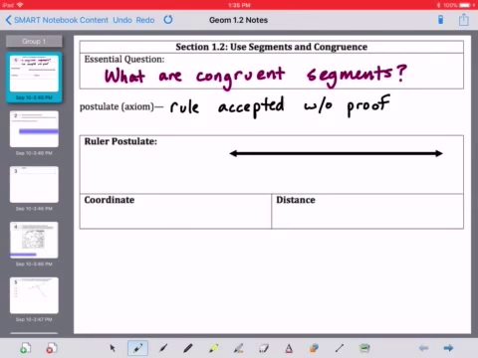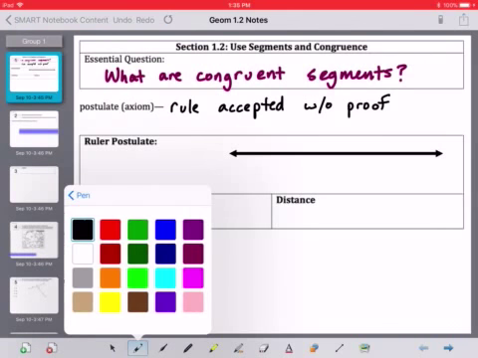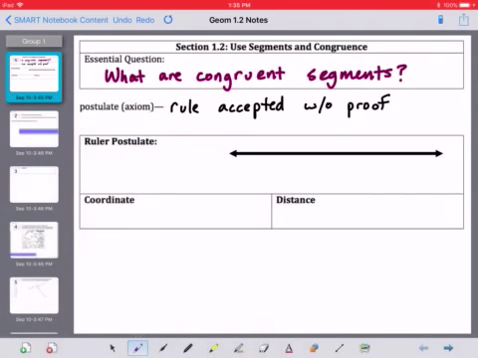Our first postulate is called the ruler postulate, and if you've ever measured anything with a ruler, you've used this postulate. It just tells you that you can use numbers to represent where a point is.